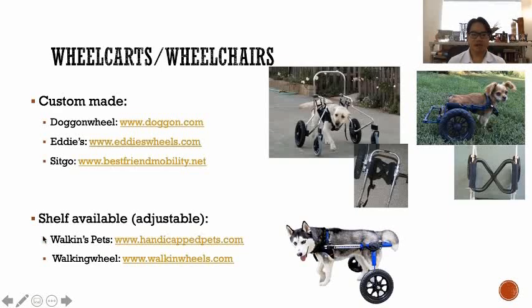You can also get a wheelchair off the shelf or over the counter, which is usually adjustable even though it's not customized. Walking Pads or Walking Wheel are the two companies where you can easily help the owner measure the size, and then the owner can purchase it online and bring it to you, and then you can try to fit it in.